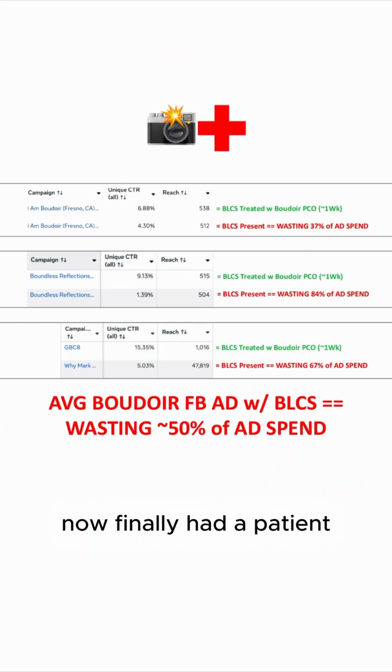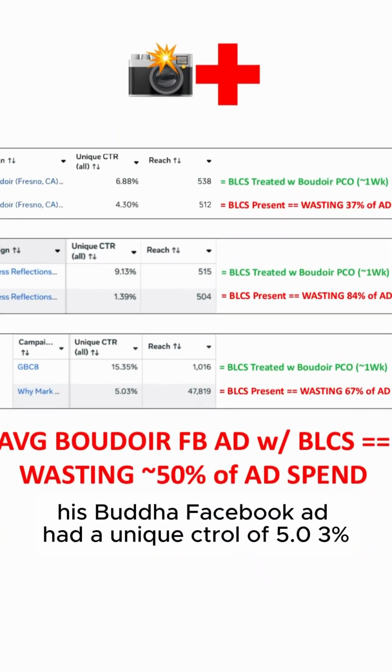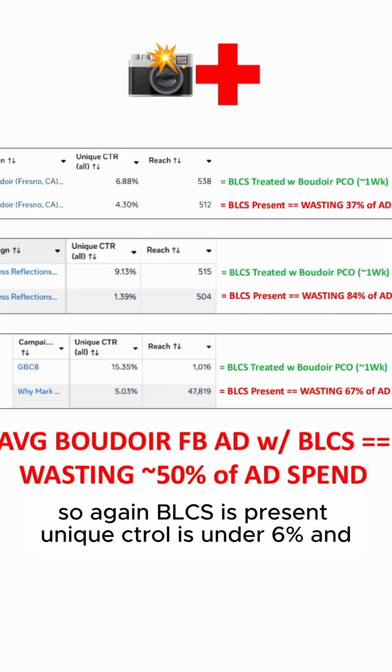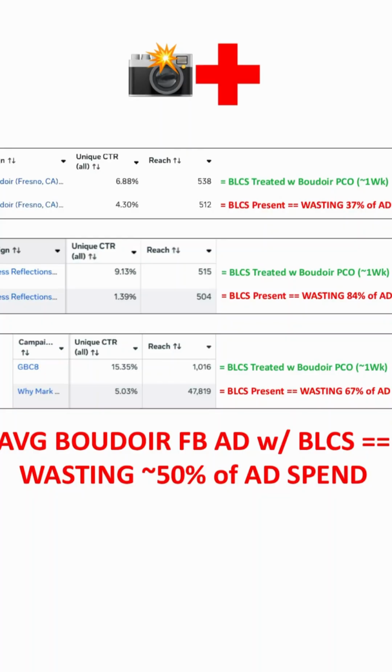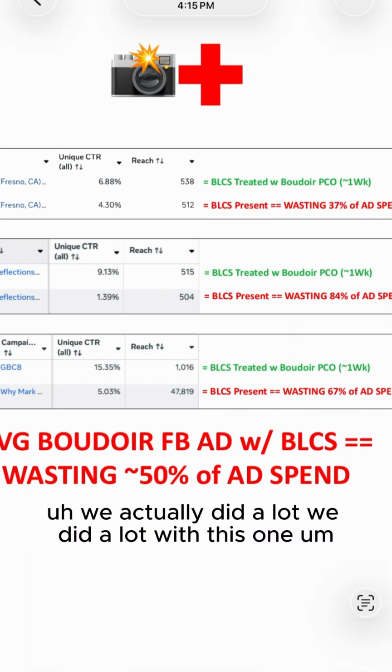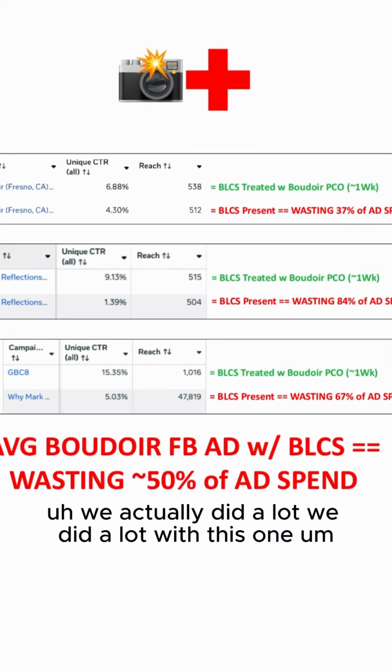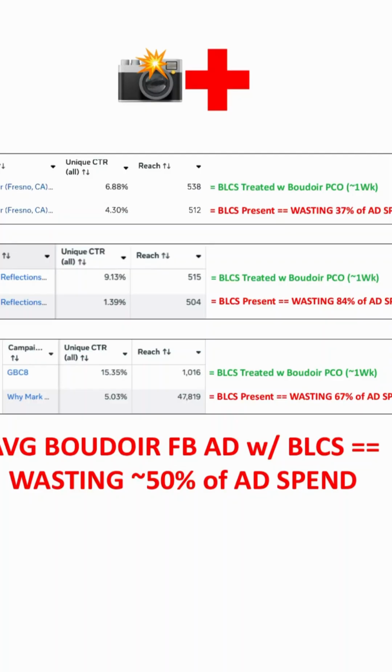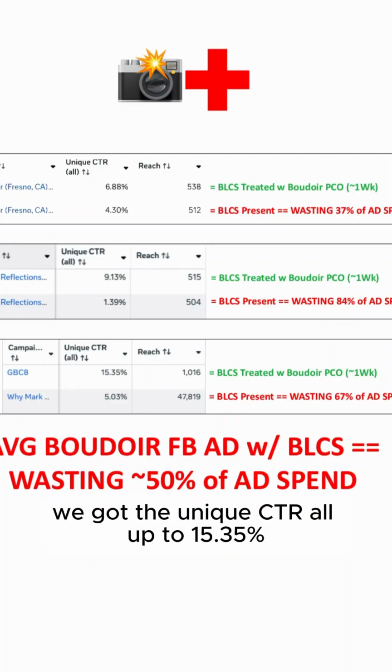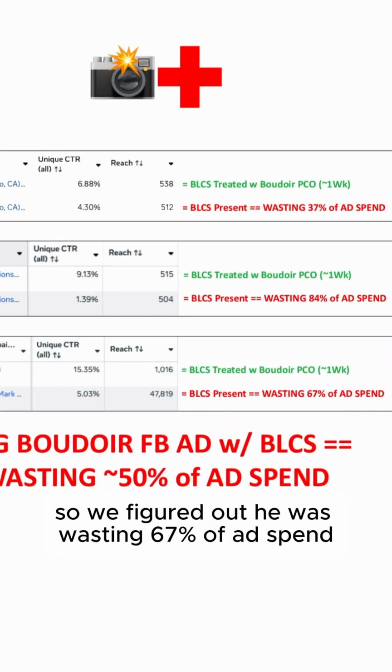Now, finally, had a patient, his Boudoir Facebook ad had a unique CTR of 5.03%. So again, BLCS is present, unique CTR is under 6%. And we actually did a lot with this one, but we treated it with Boudoir Pico. Took about a week. We got the unique CTR up to 15.35%. So we figured out he was wasting 67% of ad spend.